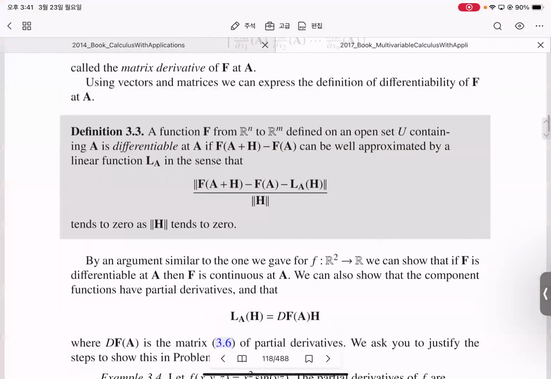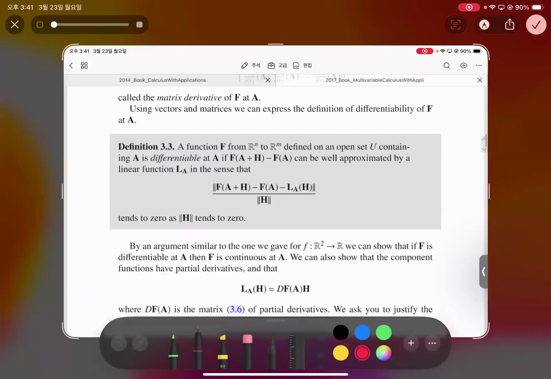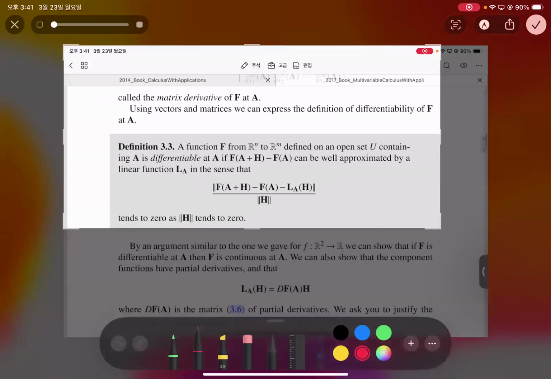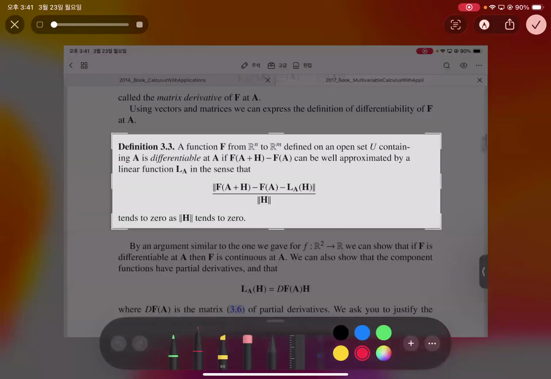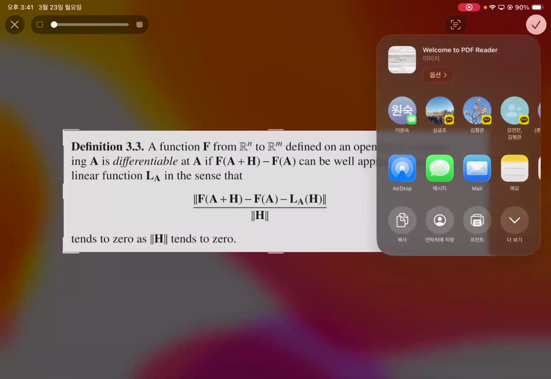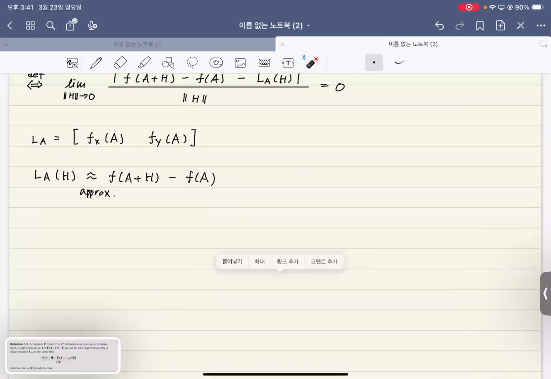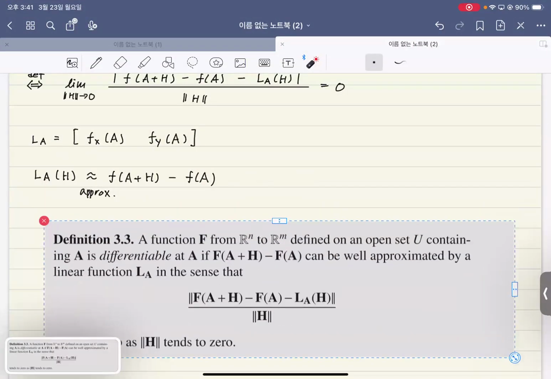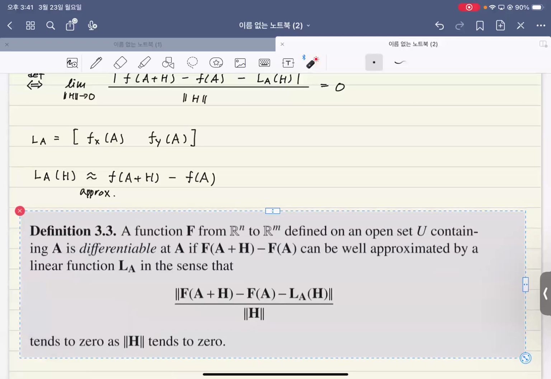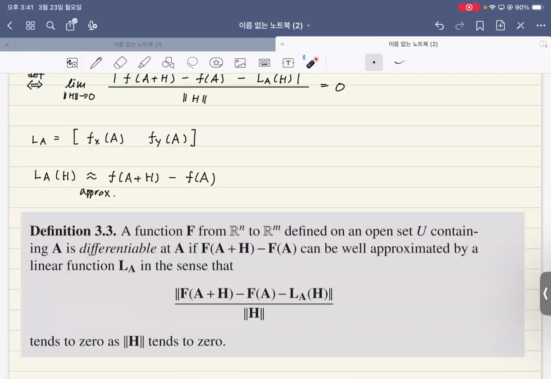All right. So today, we're about to turn to the function f, which is not a real valued function anymore. This is a function from R^n to R^m, defined on some open set U containing a point a.